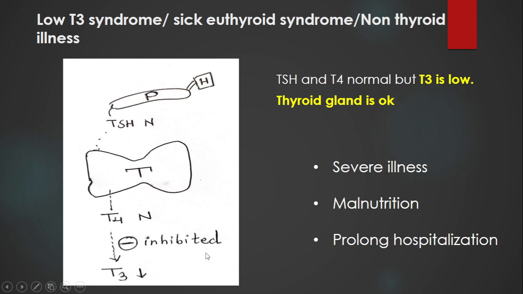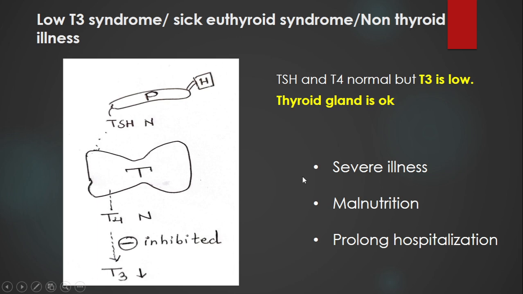This step is inhibited in the body, because we know that most of the T3 gets produced from T4 in the body, that is peripheral conversion. But in low T3 syndrome, less T3 is produced from T4 because this step is inhibited. That's why it is called low T3 syndrome. So here TSH and T4 are normal, but T3 is low, and the thyroid gland is okay. Then that is the condition of low T3 syndrome.